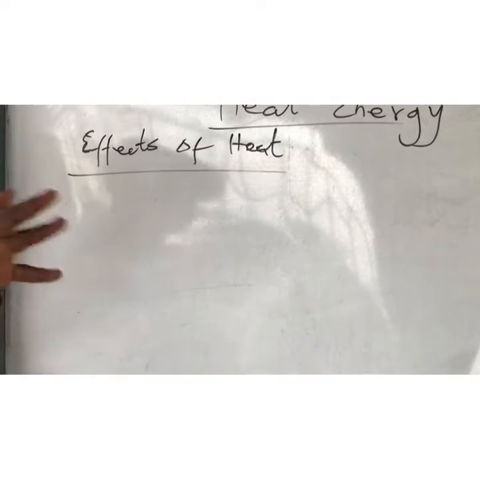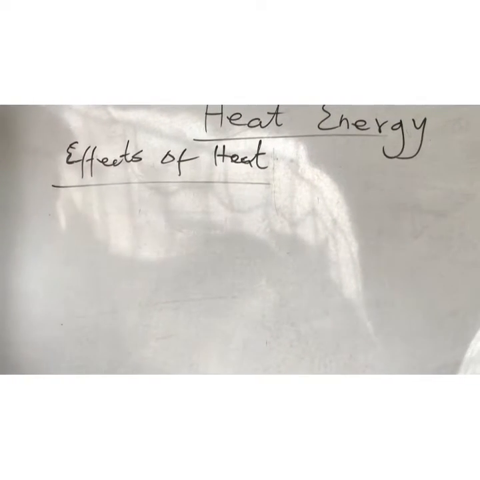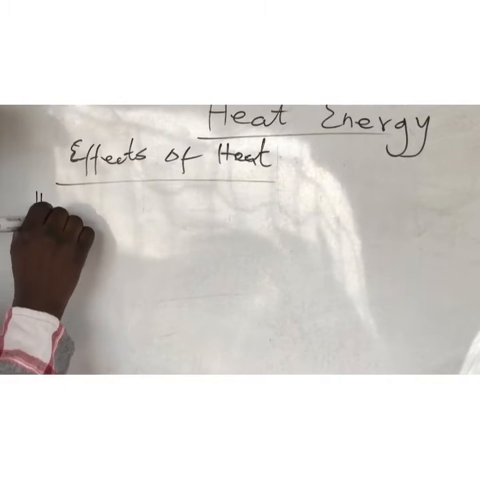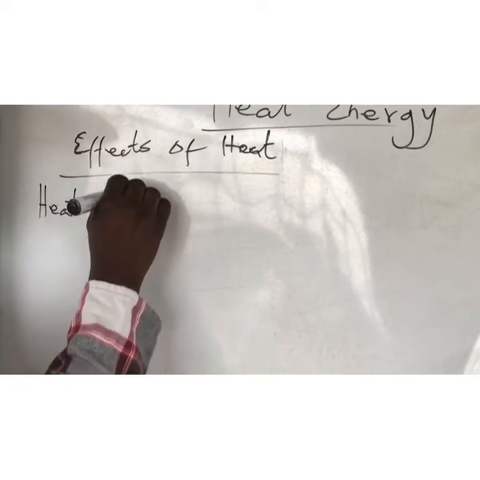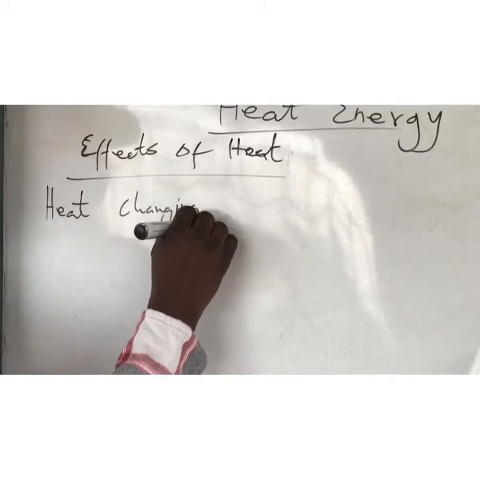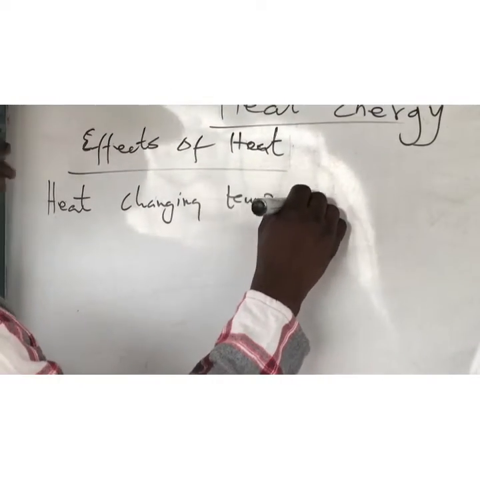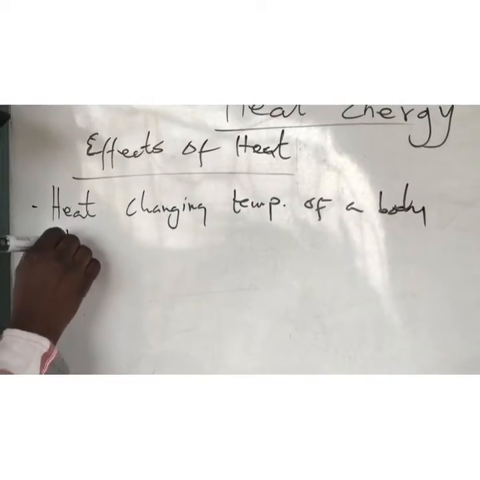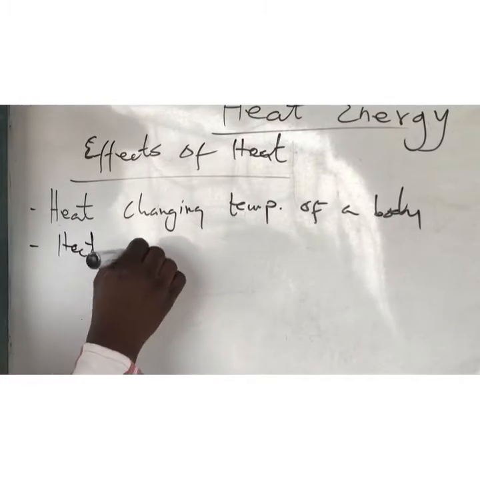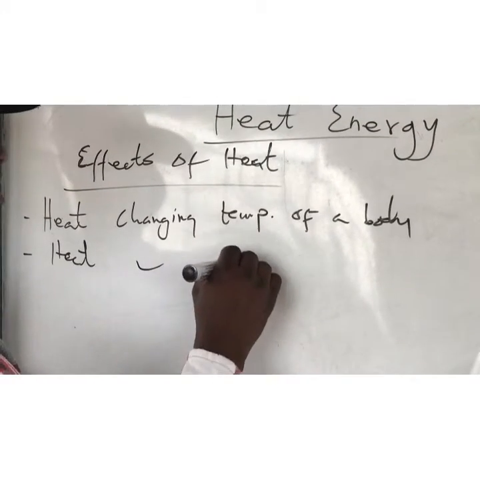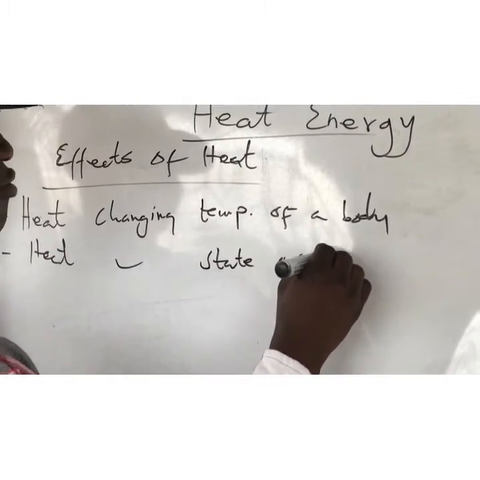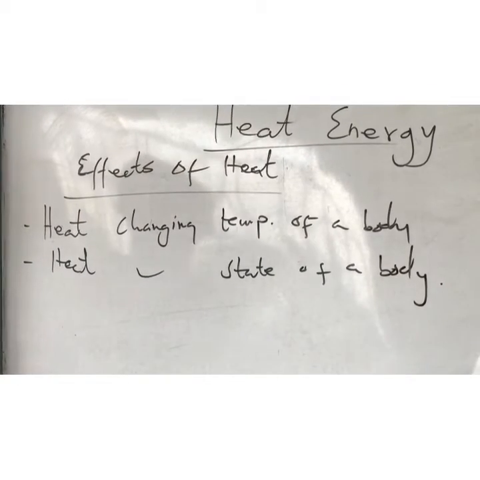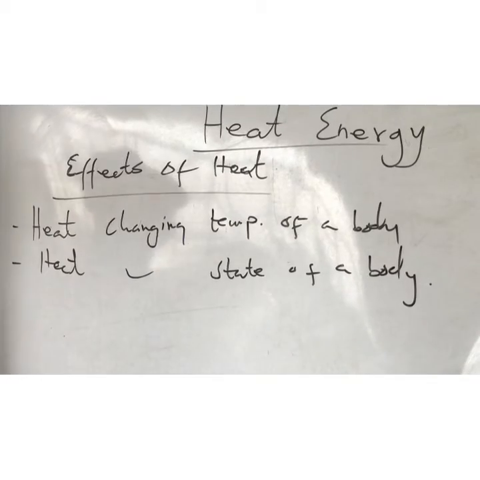But out of these effects, we are going to concentrate on heat changing the temperature of a body, and heat changing the state of a body. So these are the two effects of heat we are going to look at.